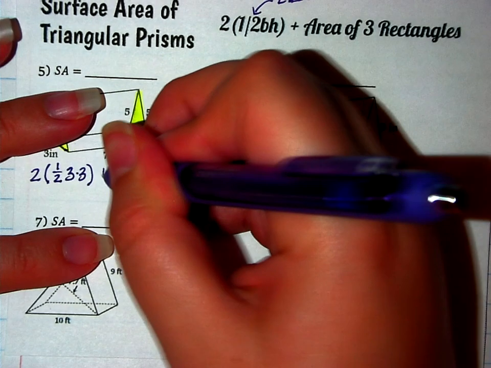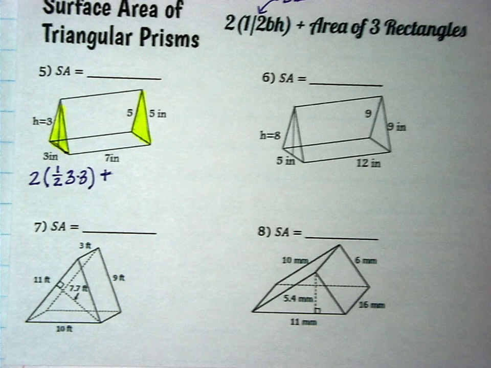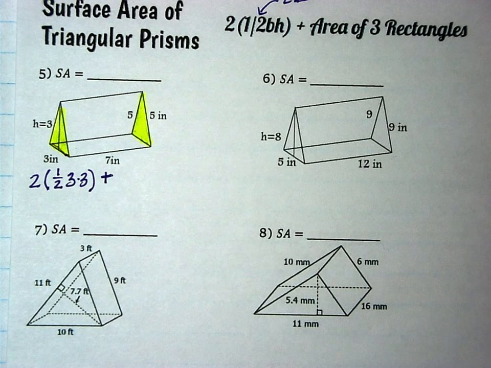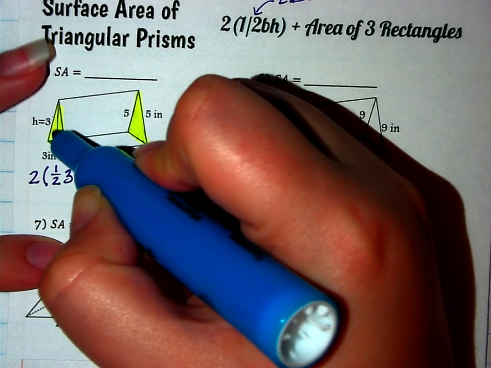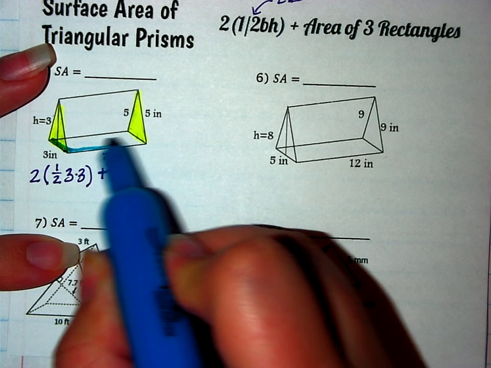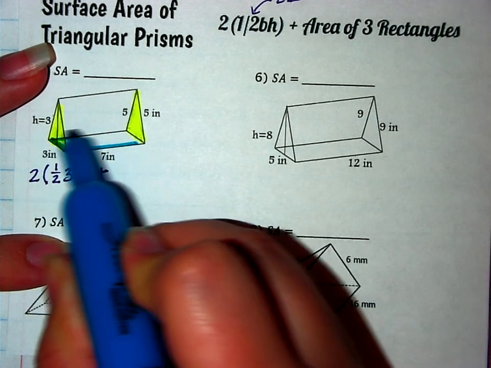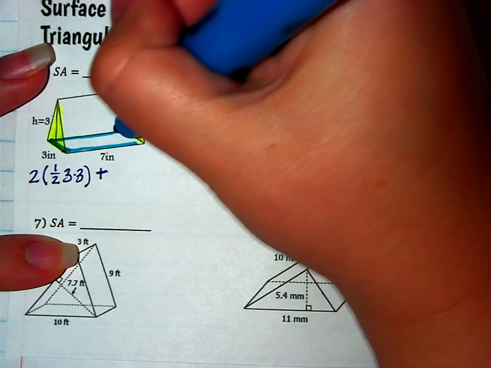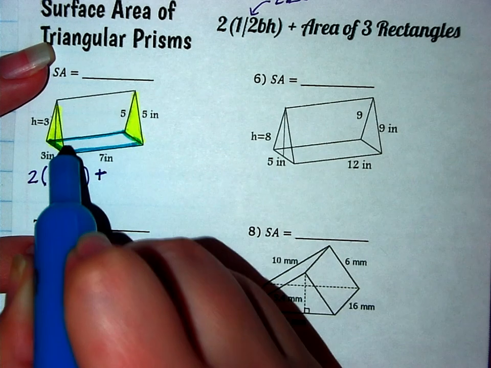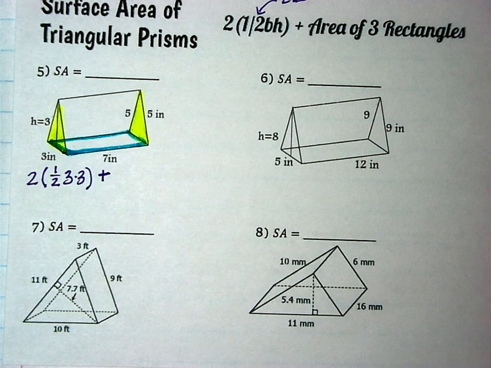Okay, I need to add to that the area of the rectangles. So let's look at our rectangles. We have one rectangle on the bottom. So we have this blue rectangle on the bottom. It is 3 by 7.